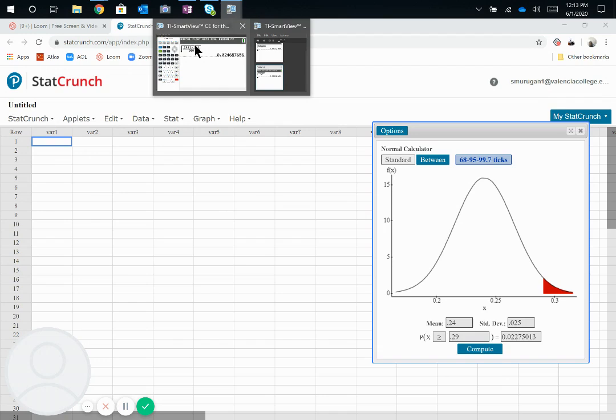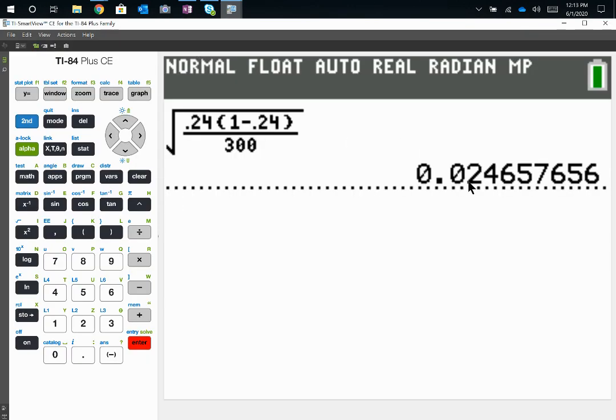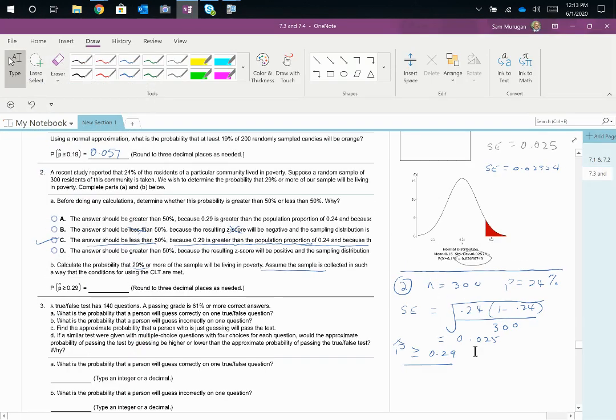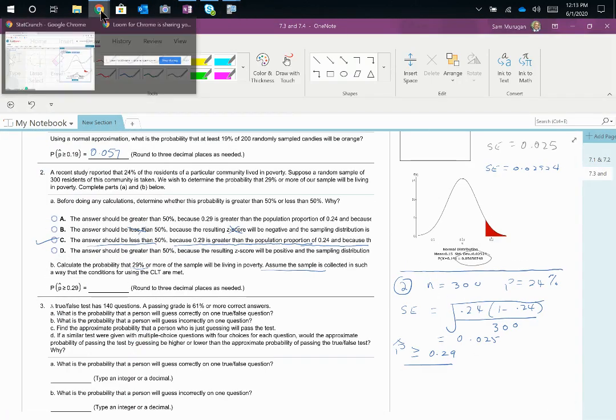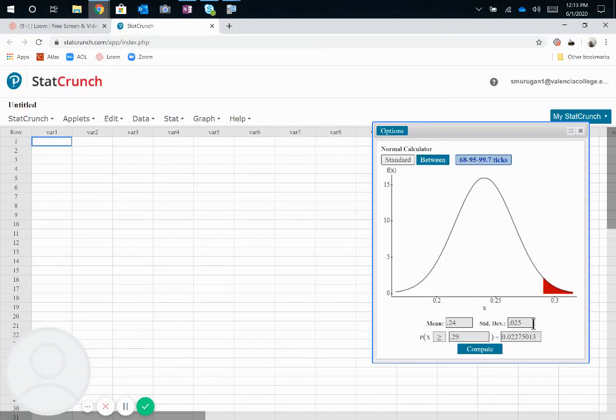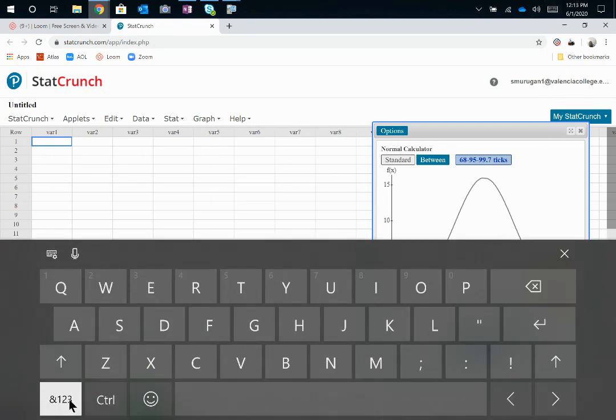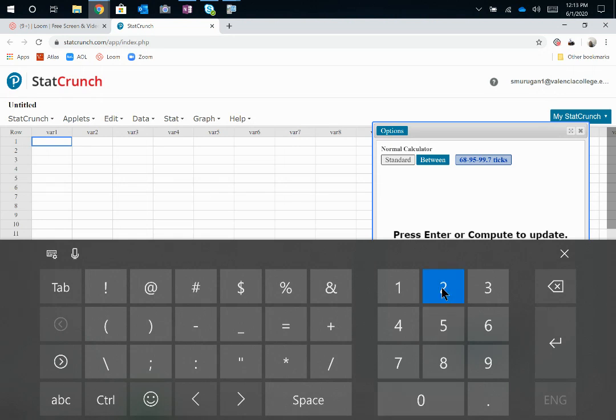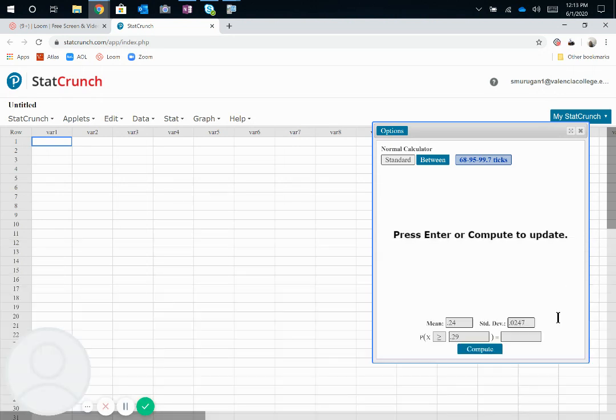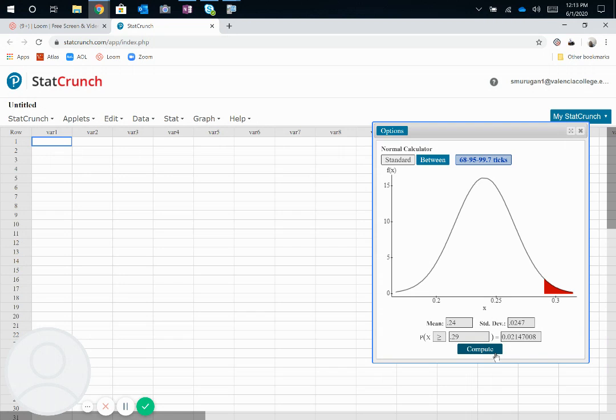Now, FYI, if you want this number to be more accurate, notice that on this one we had 0.02465. So if I went with 4 decimal places, 0.0247, in my StatCrunch calculation, when I compute this, my answer will be even more accurate.